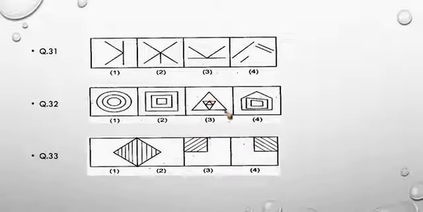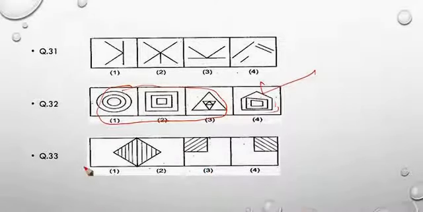There is a triangle in which there is another triangle, and inside also there is another triangle. Now let's see the problem figure 4. In case of problem figure 4, outside there is a figure in which the inside figure is not the same. So options 1, 2 and 3 share a similarity that all the 3 designs inside one another are the same. So option 4 is the answer for question number 32.